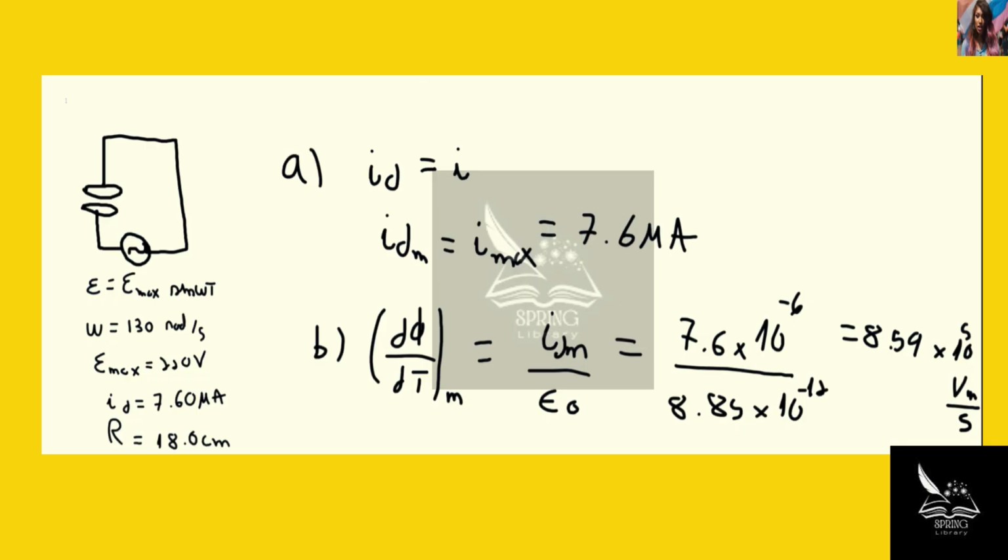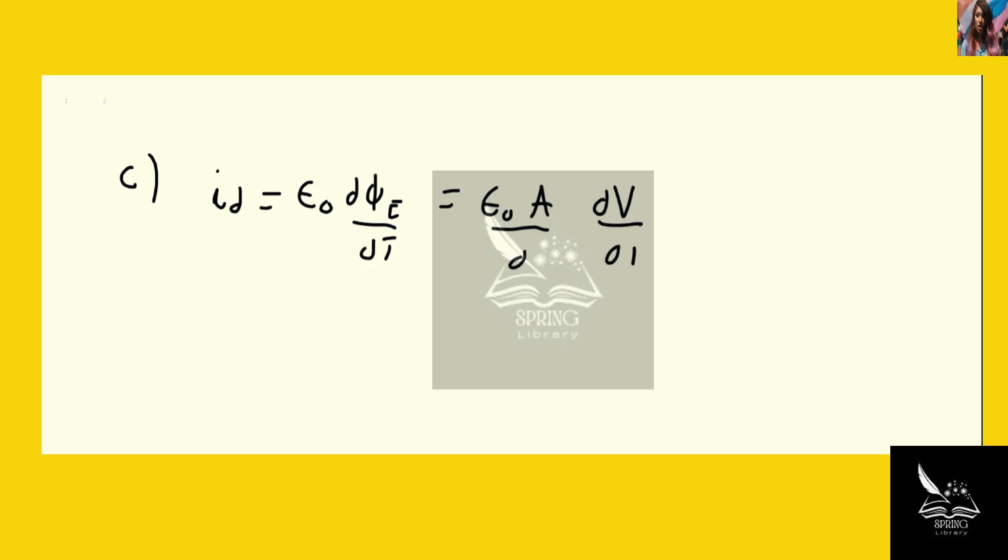Now for part C, we want to know the separation between the plates. We can find it because we know the variation of the potential. We have I_D equals epsilon 0 dΦ_E/dt, but you can also write this as epsilon 0 A divided by d times dV/dt.